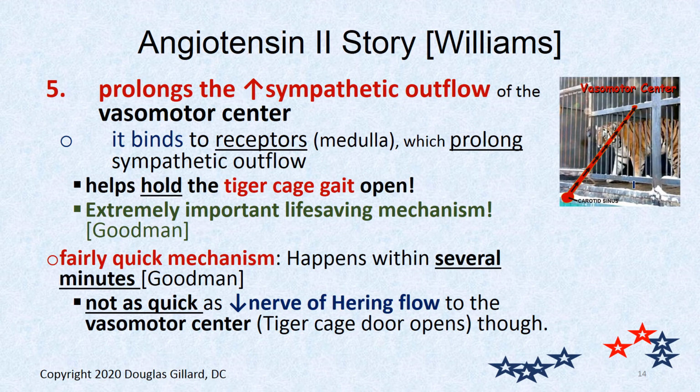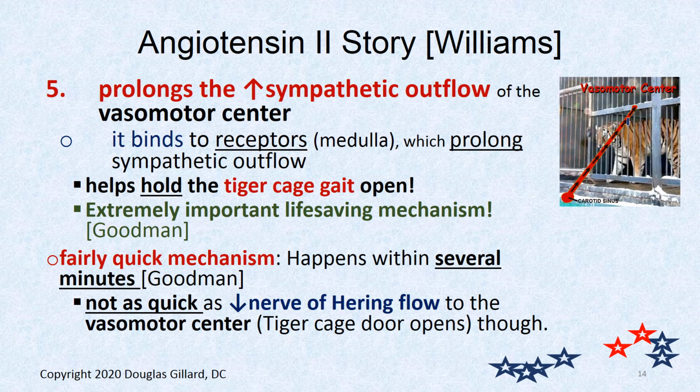What else does angiotensin II do? It prolongs sympathetic outflow to the vasomotor center. Remember the vasomotor center, I say it's like a tiger cage gate. The tiger's the sympathetic monster, and it's locked in the vasomotor center by this bar. That bar is cranial nerve 9 and the nerve of Hering, and the carotid sinus is what keeps it closed.